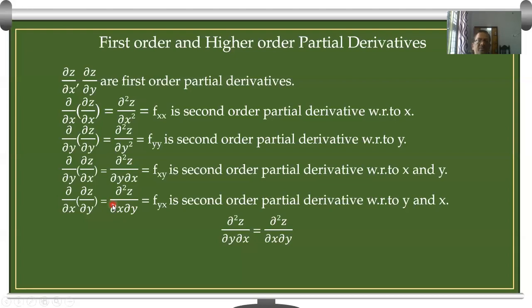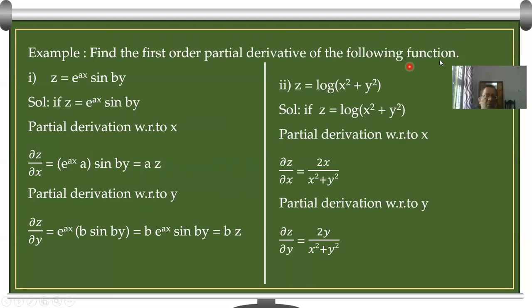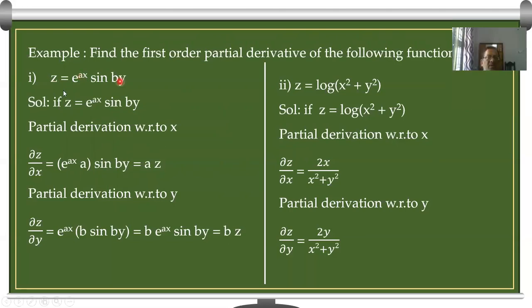Today's class. Find the first order partial derivatives for the following questions. What is the question? z equal to e power ax sine of by. It is a problem now. The given function is z equal to e power ax sine of by.